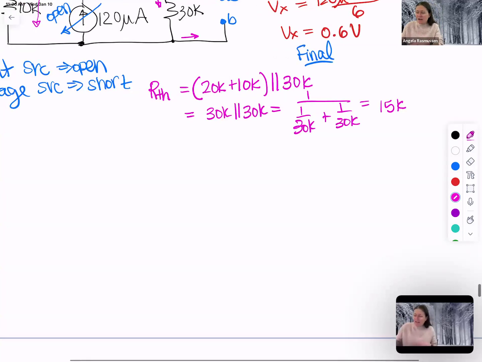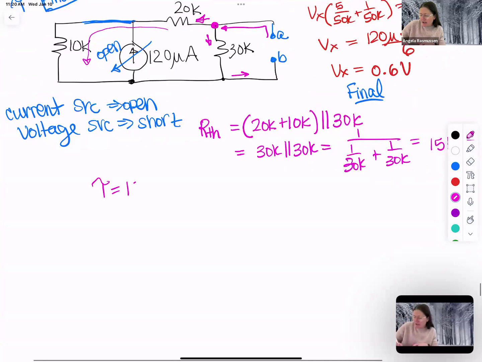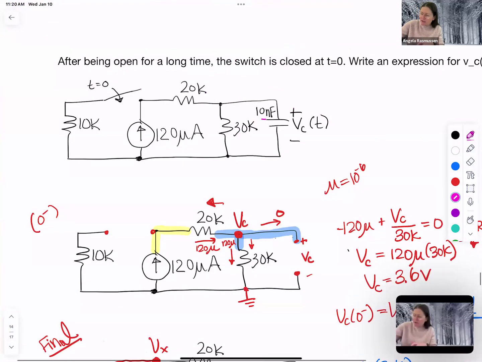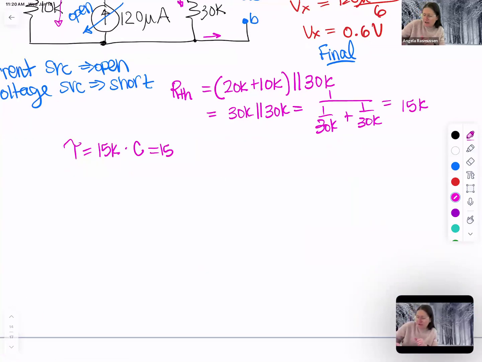All right, so then tau is this 15K times the C value. So I have to go back up to the element and the C value is 10 nanofarad. So 15K times 10 nano is 10 to the -9, thank you. And so this becomes 150 microseconds.